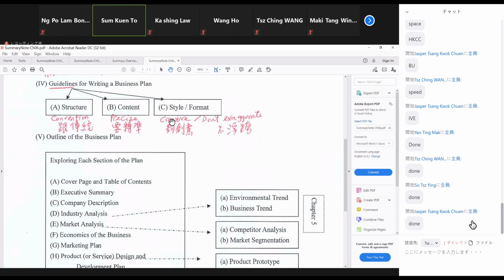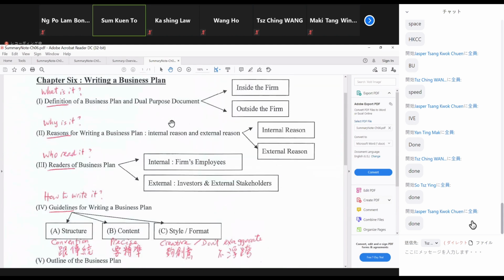You need to bear this in mind as far as the overall concept about a business plan is concerned. You will hear what, why, who, and then internal, external, etc. Okay. All right. So that is the pre-lecture briefing.